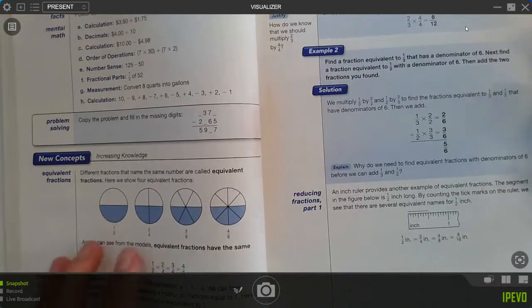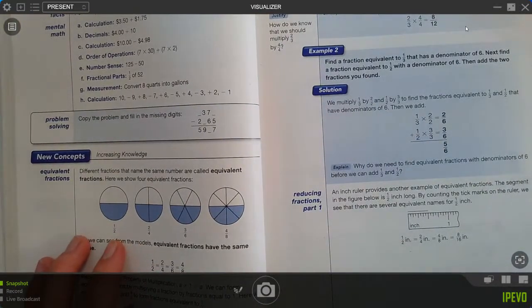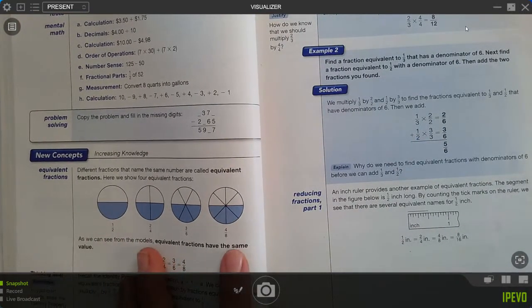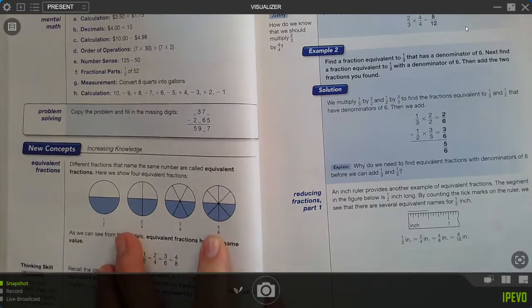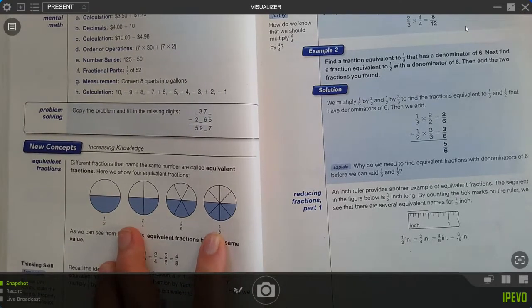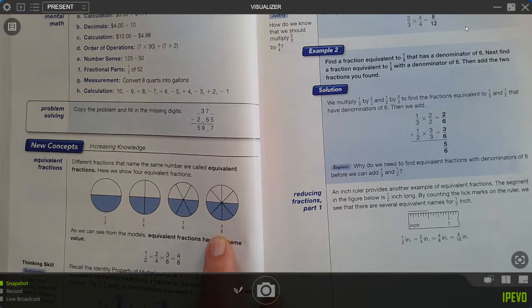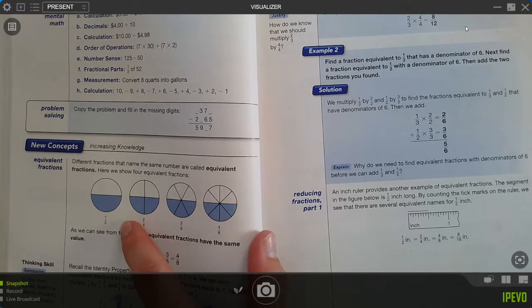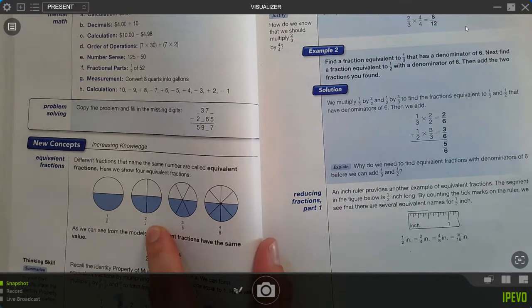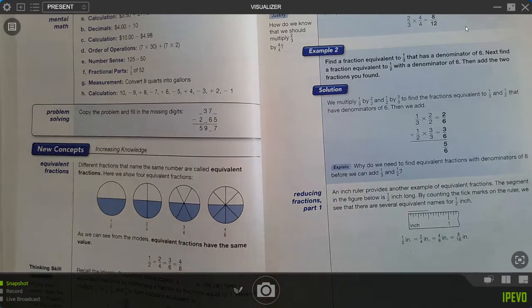Now here you see class example. All of these are the exact same, right? That's the exact same amount. The amount has not changed. What has changed is the portion of each amount, right? 4/8 is completely the same as 1/2. 2/4, same as 3/6. Okay, it's all the same.